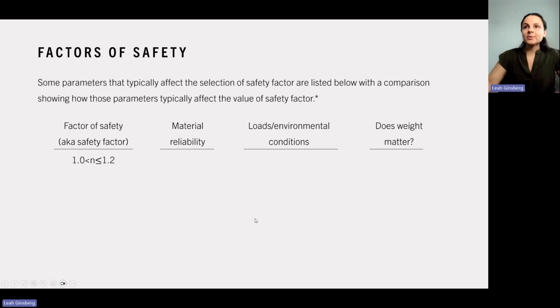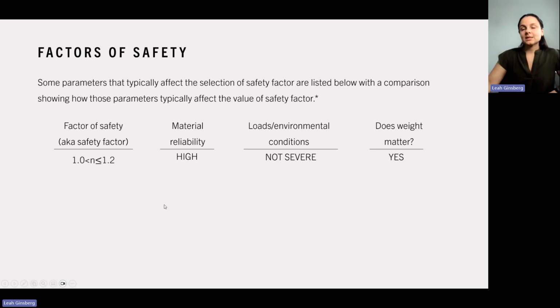Okay, so on the low end, we're talking about safety factors that are between 1 and 1.2. Note that the safety factor always has to be greater than 1, so that's not a less than or equal to sign there, that's less than. And these low-ish safety factors are typically in place when we have high material reliability, when our loads and environmental conditions are not severe, and when weight does matter.